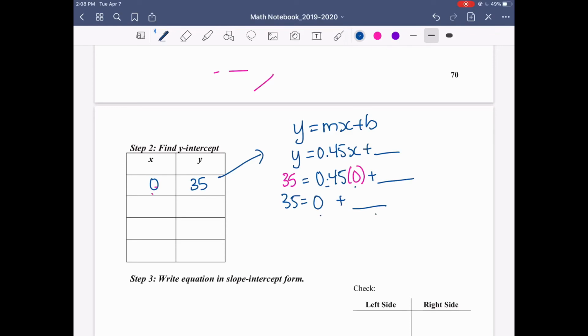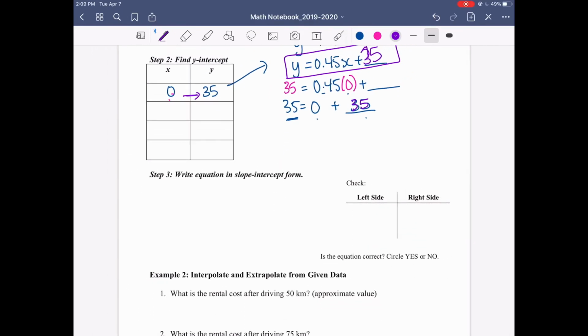So 0 plus what gives us 35? Well, that would have to be 35. So that means our b value, or our y-intercept, had to have been 35 in order to make up the difference that we needed. So that is our equation, which is the same thing that we had the first time.